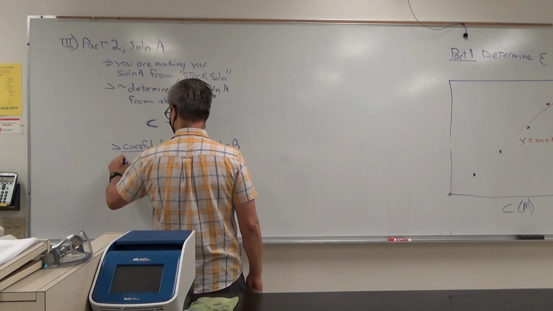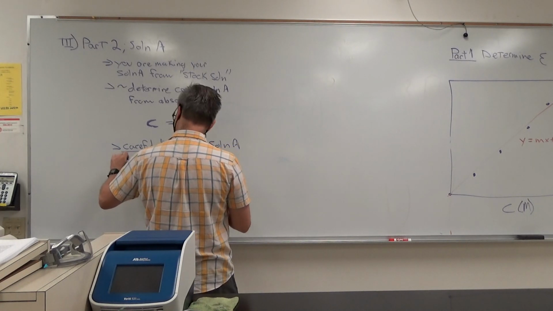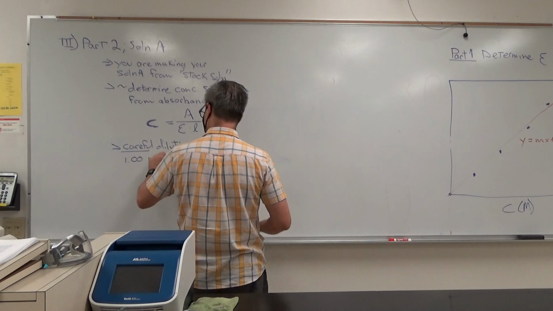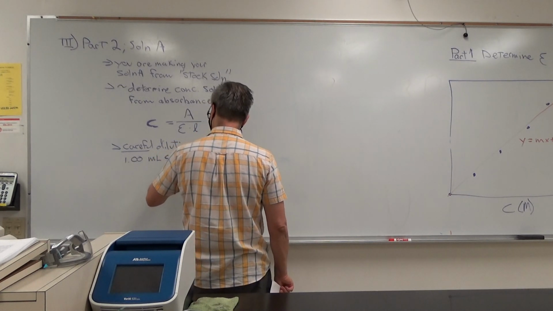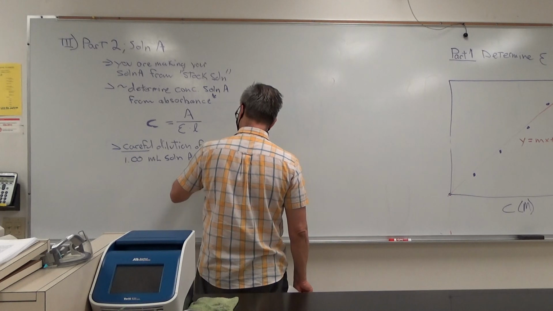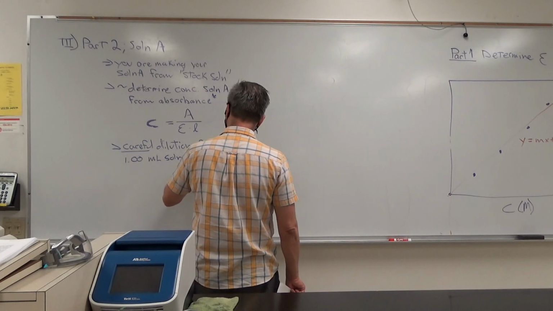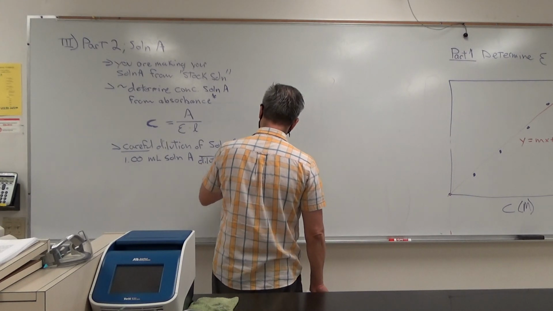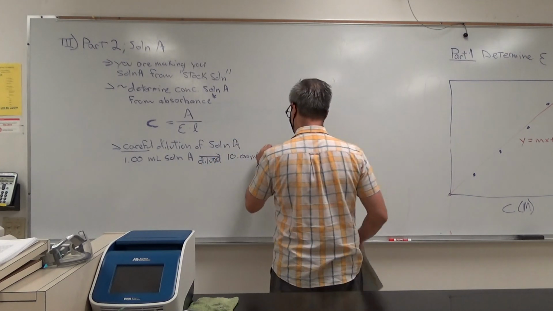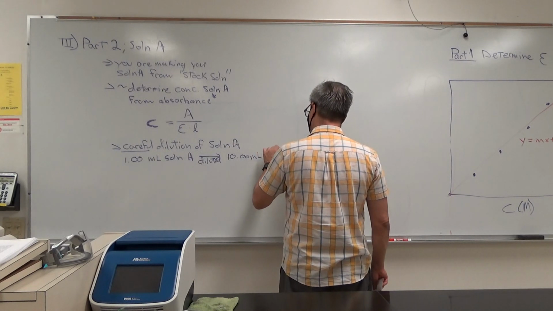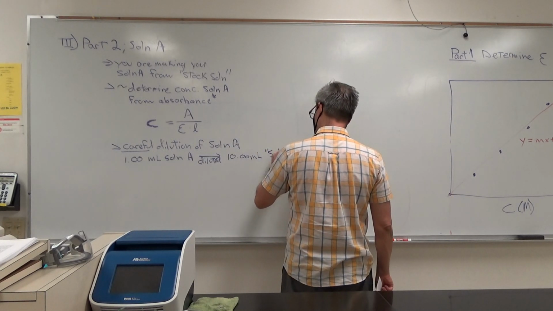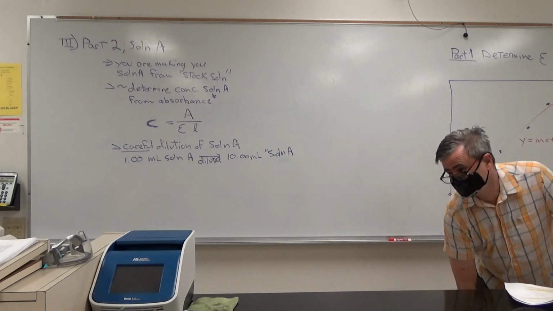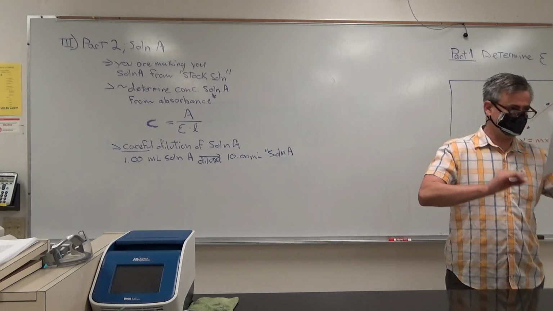Right, so that's going to be 1.00 ml of solution A, diluted to 10 mLs. By the way, the worksheet has a lot of subscripts and math symbols.